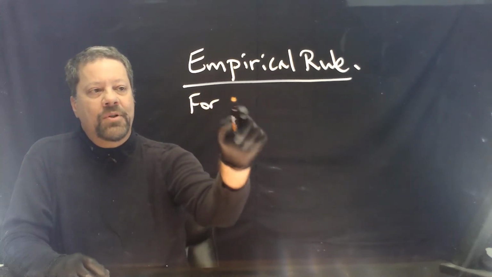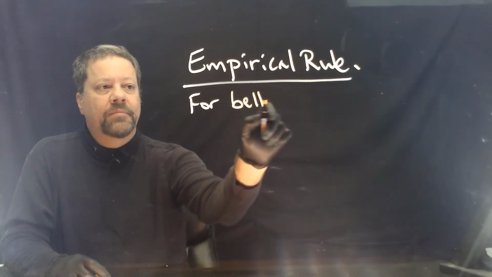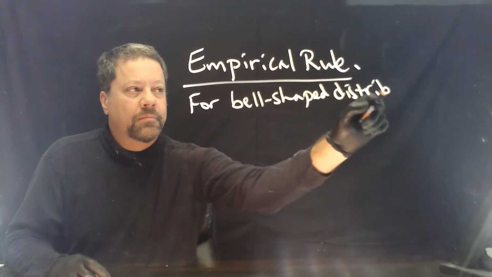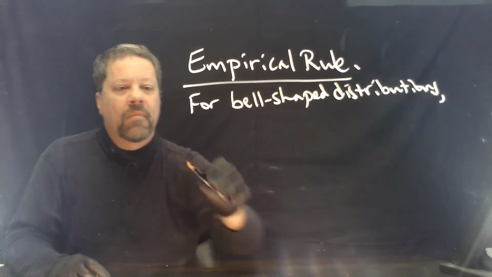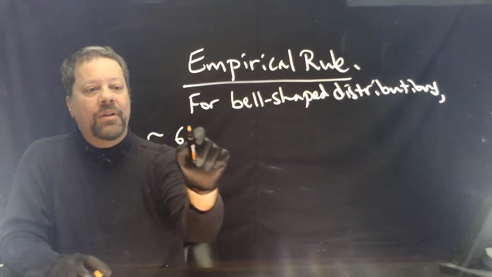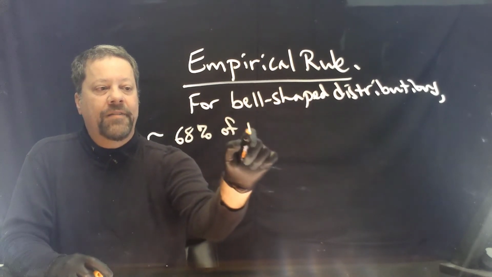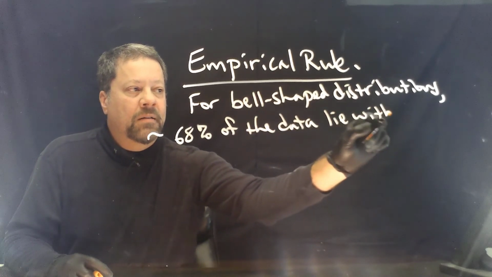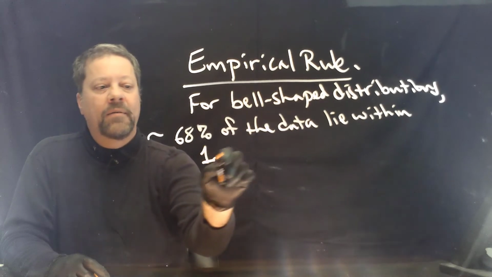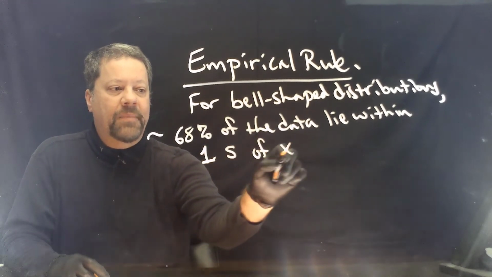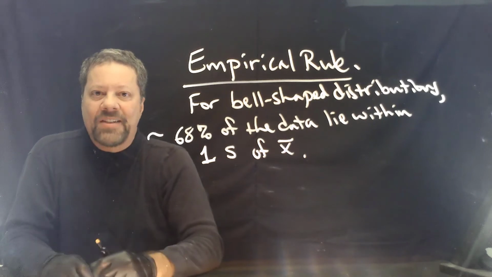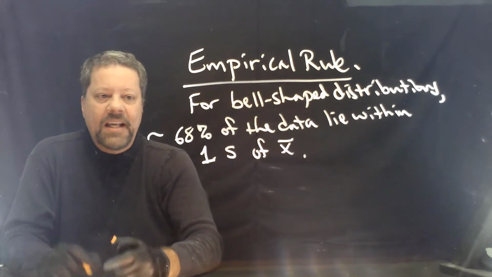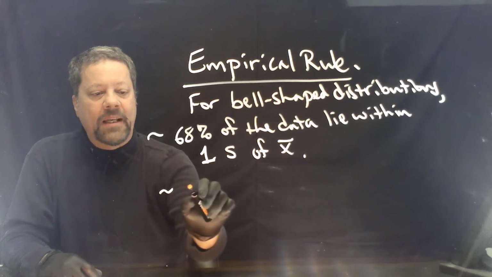For distributions that are kind of bell-shaped, about 68% of the data lie within one standard deviation of the mean. That's what the standard deviation is informing us, how grouped together the data are. 68% lie within one standard deviation of the mean.